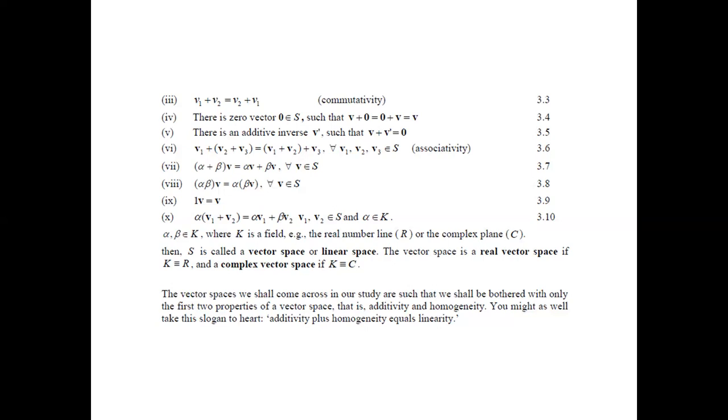The fields we are going to deal with in this course are the real number line R and the complex plane C. Then S is called a vector space or a linear space once all these conditions are satisfied. The vector space is a real vector space if K is R, or a complex vector space if K is C.